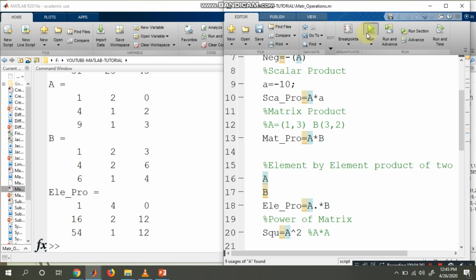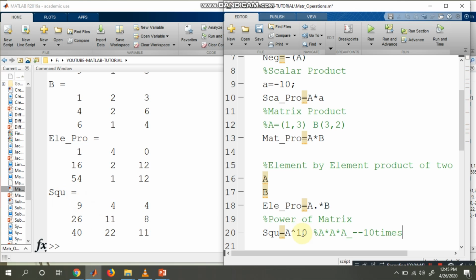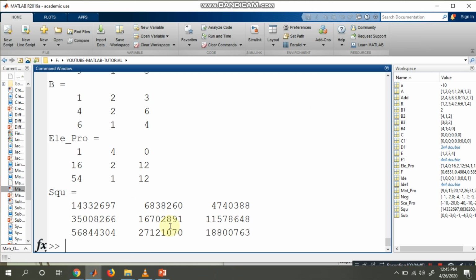So this is the square of the A matrix. Or suppose you would like to find the 10th power of A. It's very simple, we have to multiply A 10 times. So A power 10, see what huge entries we are getting in A power 10.